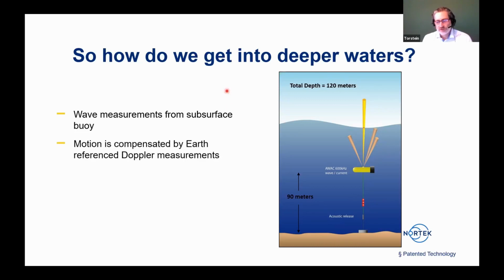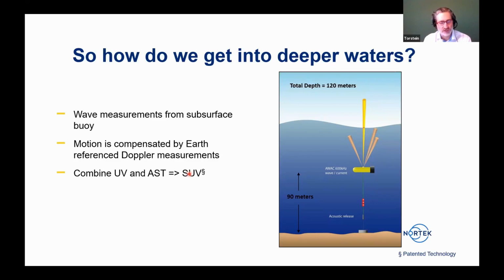However, we couldn't just use the classic manner of this array processing, which I'm not going to get into now, but we would have to convert these measurements from the beam coordinates to an Earth reference coordinate. So again, we're converting to a U and V measurement, and we combine this with the acoustic surface tracking, and that allows us to make these measurements from subsurface buoys where the buoy is going to be rotating and we still have an Earth-referenced measurement system.